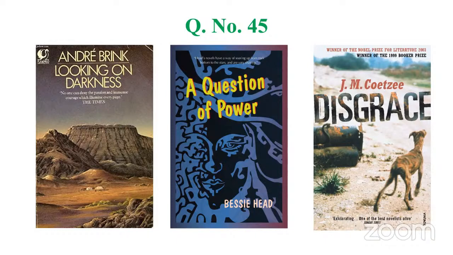J.M. Coetzee's Disgrace established this writer. So this is the novel you should start with. If you want to know more about J.M. Coetzee, there are also other novels like Foe. That's also an interesting work, which is a retelling of Robinson Crusoe. J.M. Coetzee is known for that work, Foe, F-O-E, right? You can also check out that work, and there are also other works.